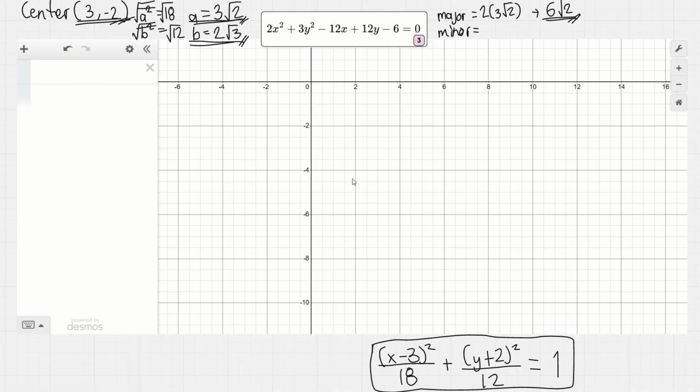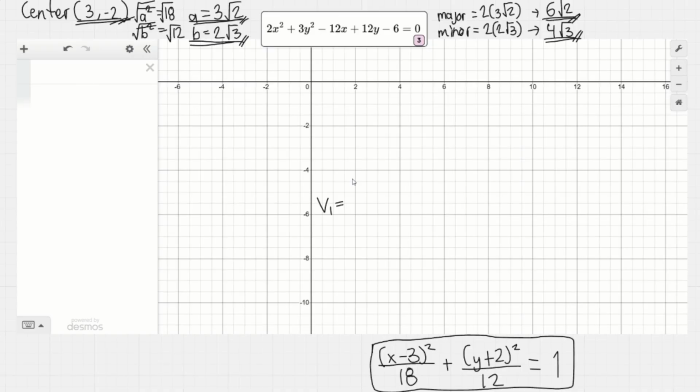And our minor axis is 2 times the value of b, which is 2 square root of 3. We will get 4 square root of 3. So now we can get our vertices. Let's try to get our vertices.